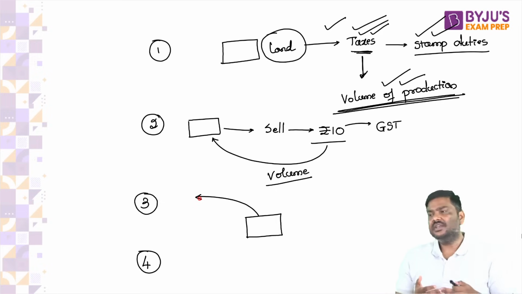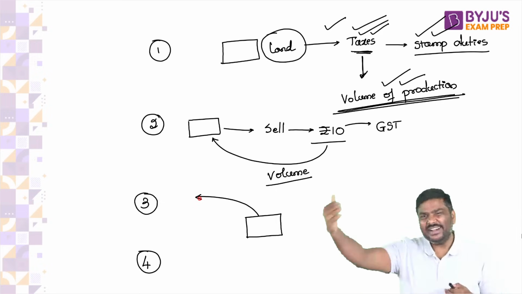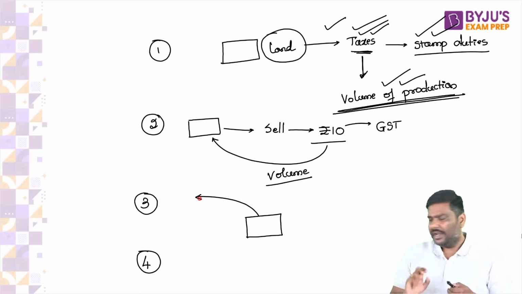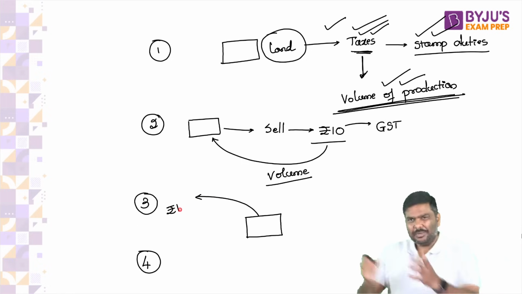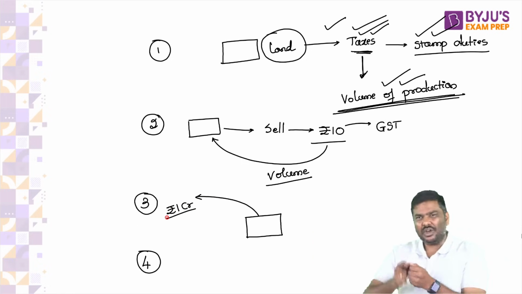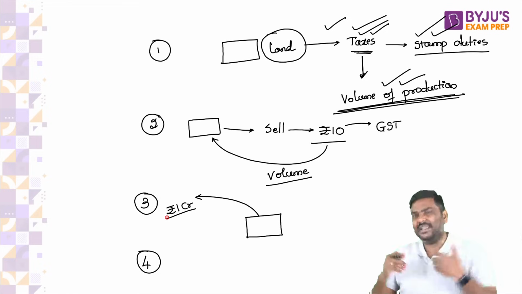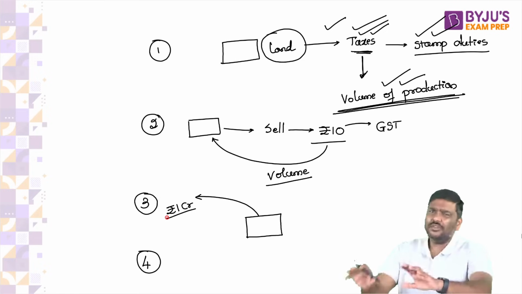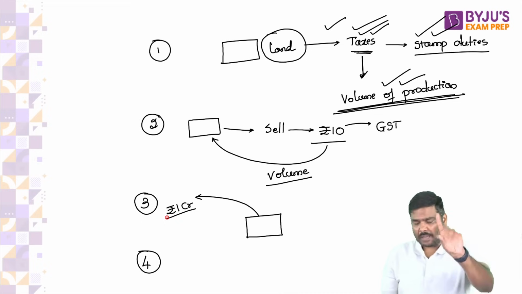Government says, because you're establishing a manufacturing facility, it will create employment in India. It will lead to higher investment in India. I will give you a subsidy of 1 crore rupees. Simple, right? Because you are creating employment, because you are promoting investment, you are making lot of investment, etc. I'll give you 1 crore rupee subsidy. Please take it. Example number 3.